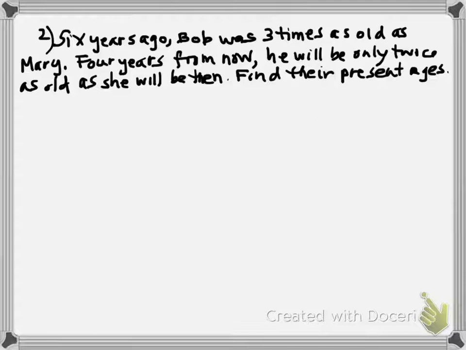So do we need to include their present ages in our chart? What are we solving for? What did they ask for? They need their present or current ages. So yes, that is always going to be part of our chart. Regardless if we're going to write an equation of their ages now, we have to put their ages now in the chart. So our chart includes our 2 people, Bob and Mary.